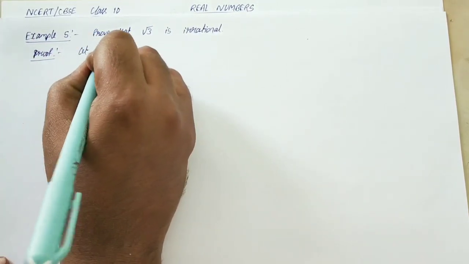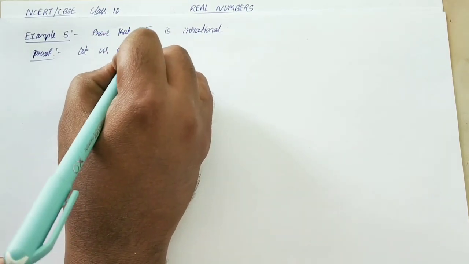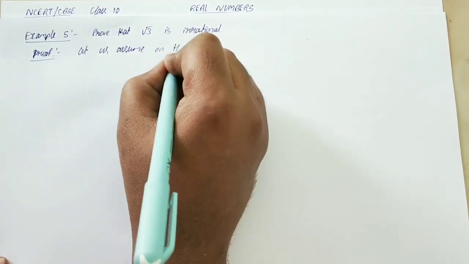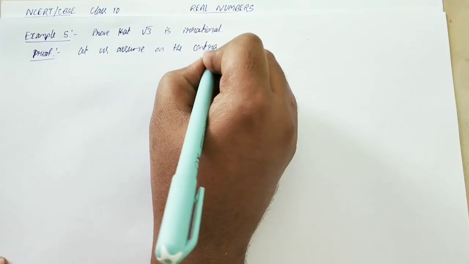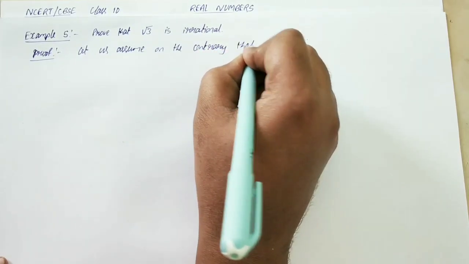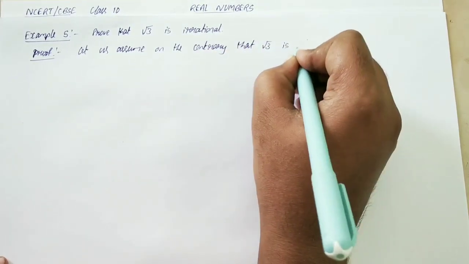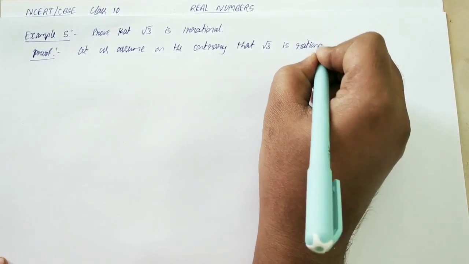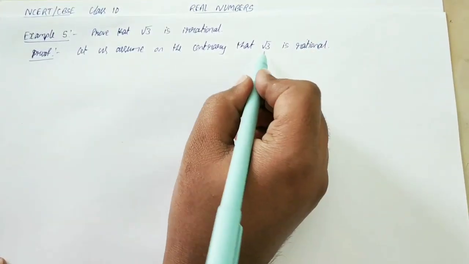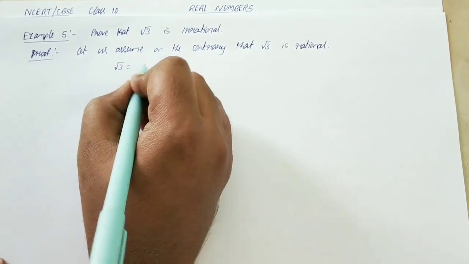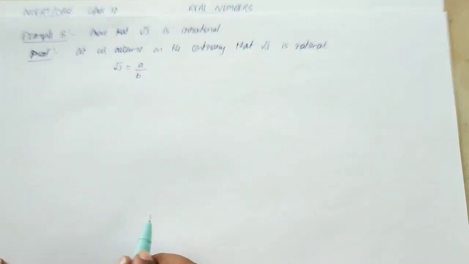So let us assume on the contrary that root 3 is rational. So if root 3 is rational, then this root 3 can be written in the form of a by b, right?